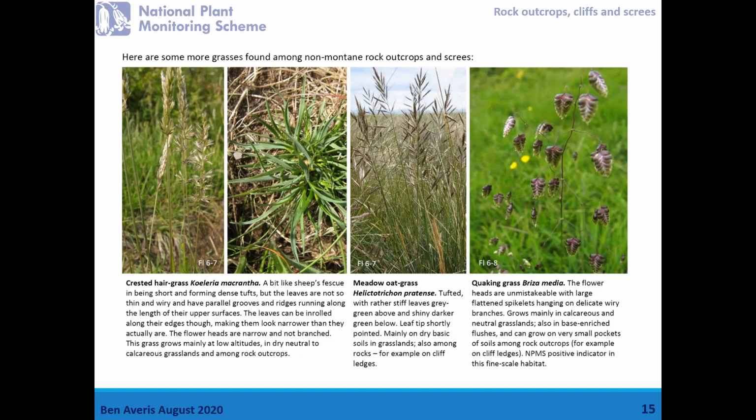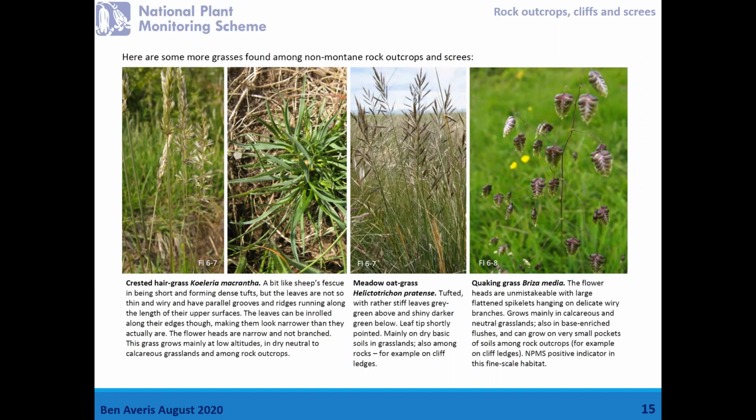And it mainly grows in places where the soils are on the basic side, so calcareous grasslands and some of the neutral grasslands too. But we find it among rocks as well. So the next page has got another grass. Well, actually, we've got a couple of pages of grasses, but this is a grass that we should also not miss out on.